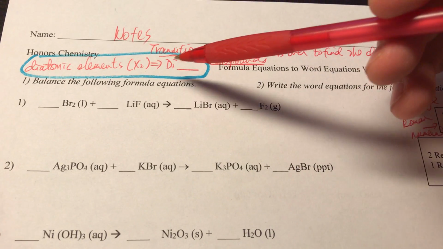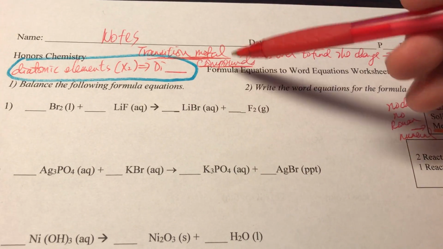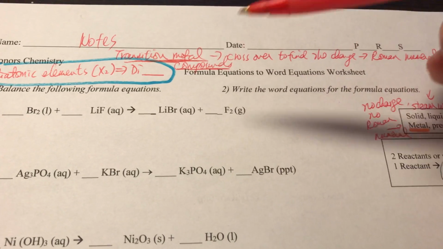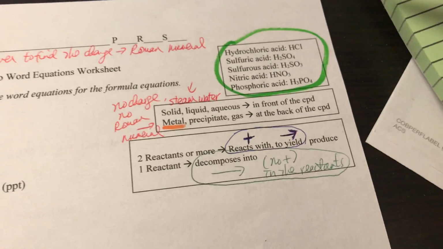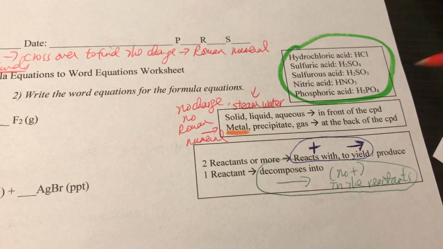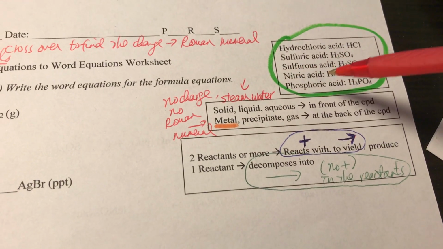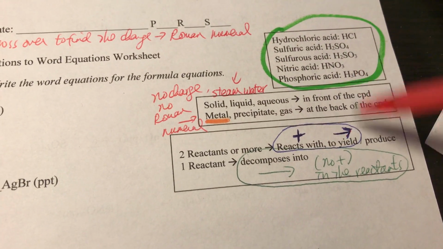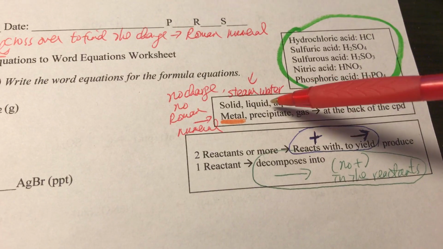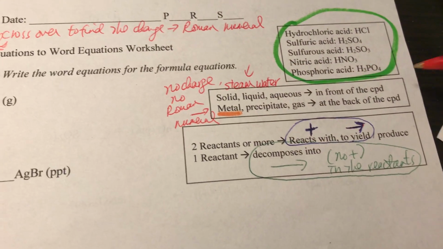We also need to know that when we have diatomic elements, X2, we need to say dihydrogen, dinitrogen, everything in the di. And when we're given solid, liquid, or aqueous as a state, we have to put the word solid, liquid, or aqueous in front of the compound.